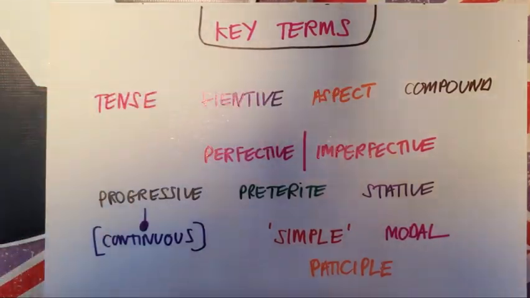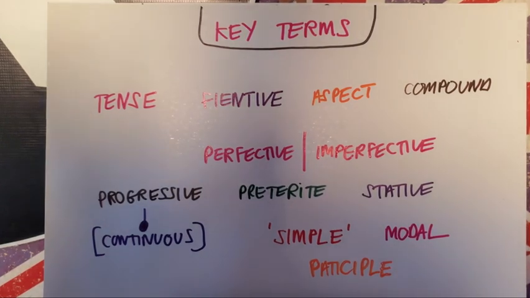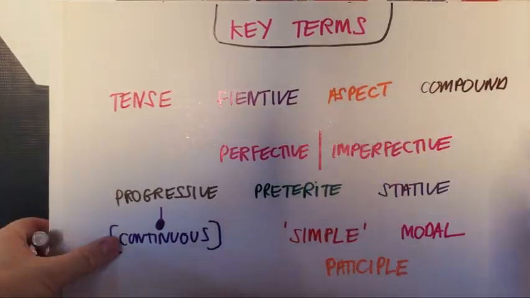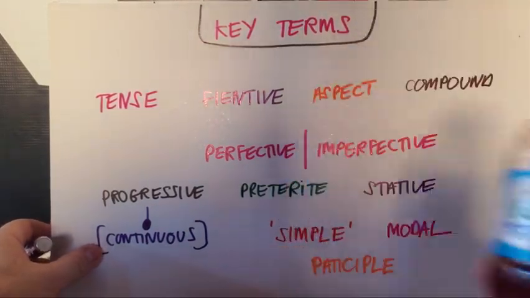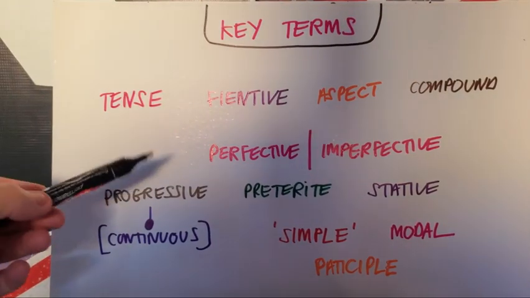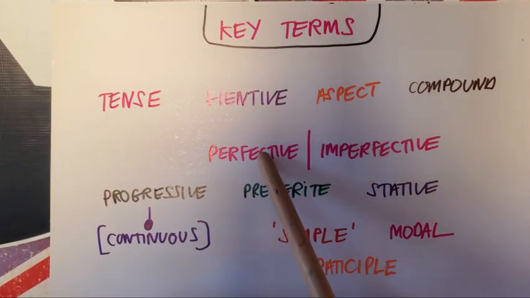Compound. Do you remember compound? Compound is when there is a compound aspect, and that would be I was walking is a compound, and then I walked. So just a pomegranate drink there I'm making. And so compound, perfective and imperfective. Do you remember that?